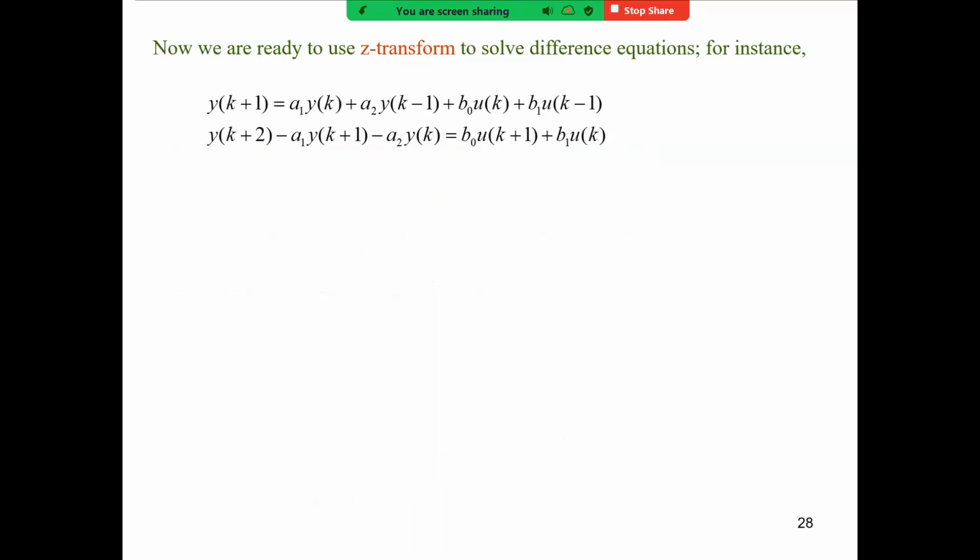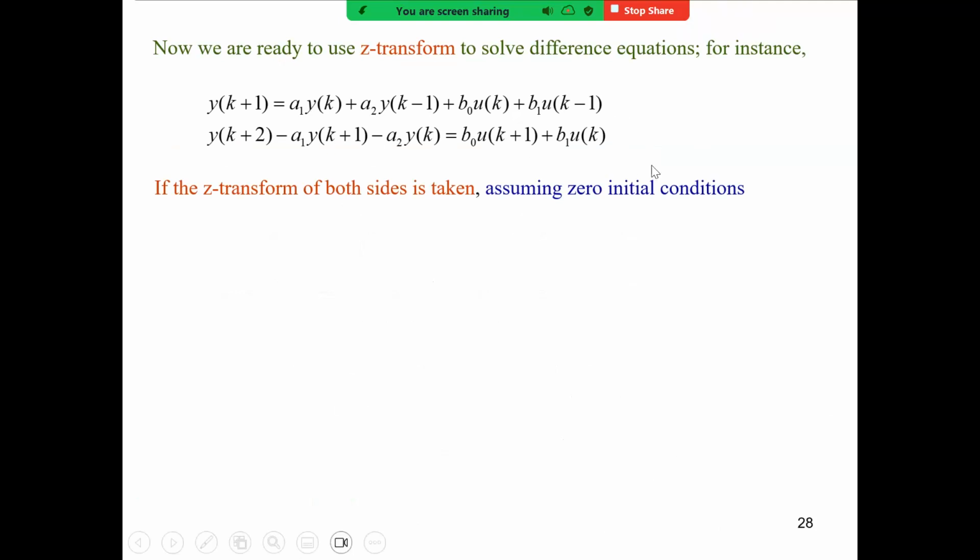Now, with that, we are ready to use the Z transform to solve difference equations. For instance, now we want to solve this equation. We didn't know how to do it, but now with the Z transform we can. To simplify the derivation, let's assume that all the initial conditions are 0.